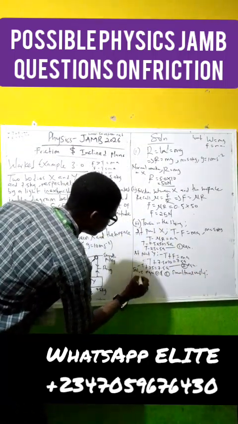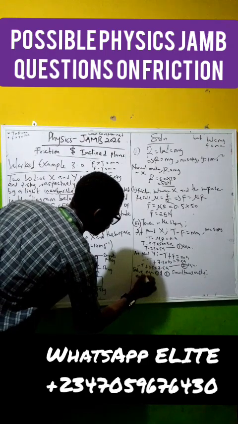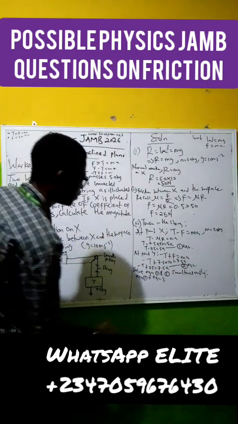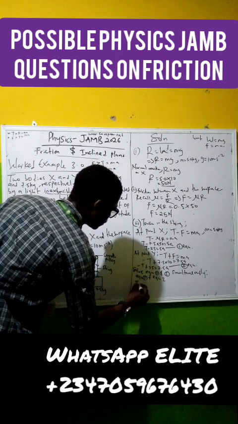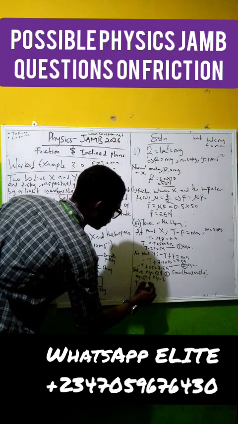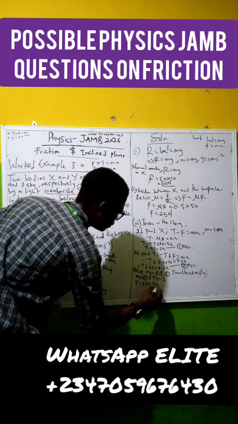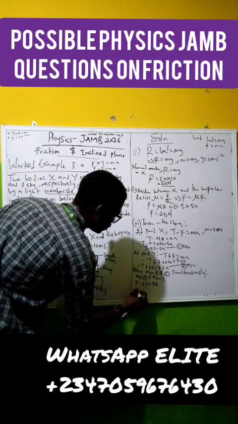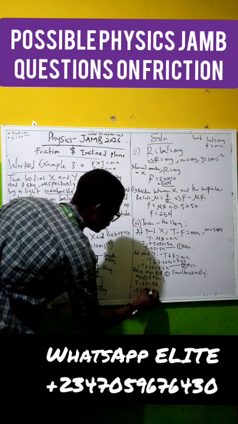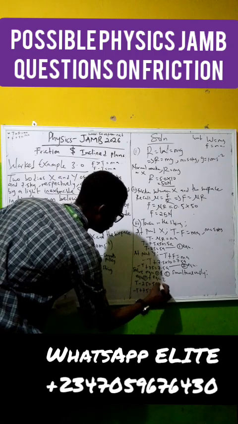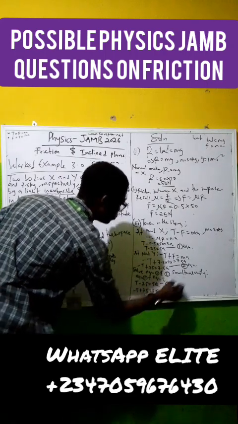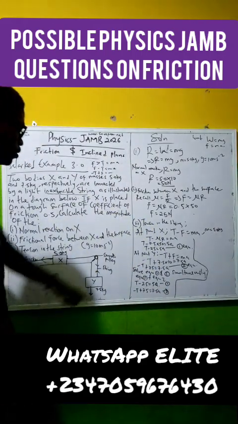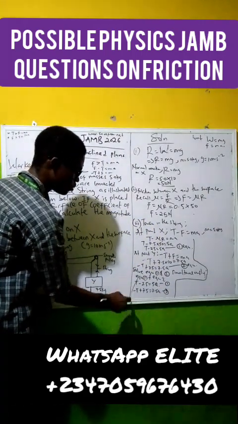That will be equation 1 plus equation 2. That's the only way we can solve that. So that will be T minus 25 equals 5A, then minus T plus 75 equals 7.5A. This 1, this 2. Let's see how we can resolve this here. So when we say this plus this, T is gone.